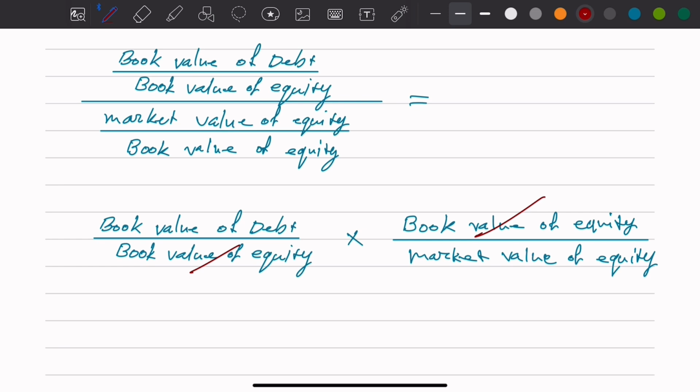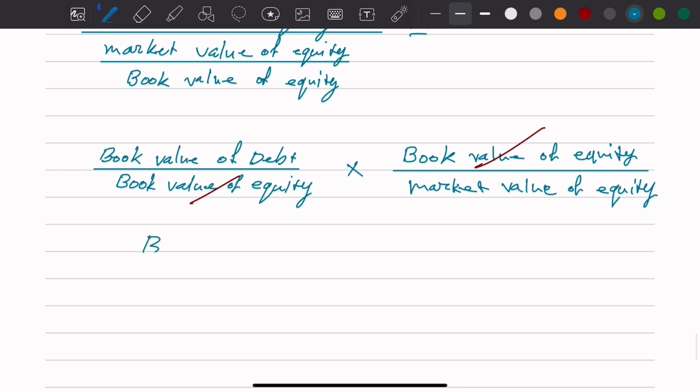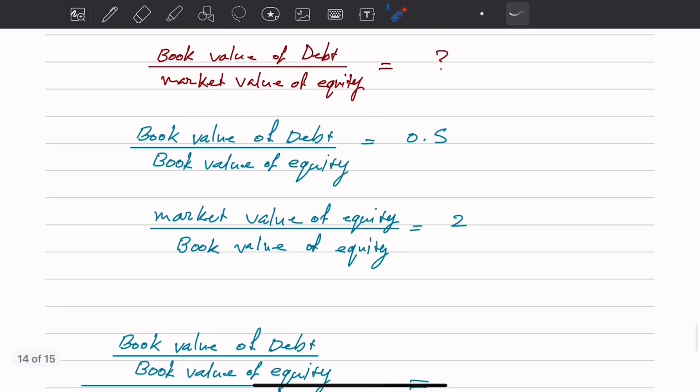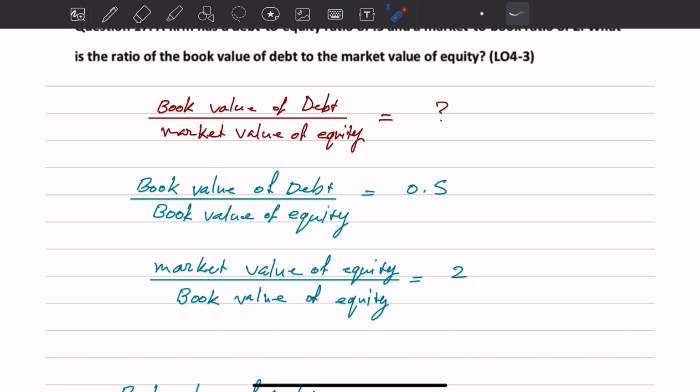We eliminate those two, and what we will be left with is book value of debt divided by market value of equity, which is what we want to calculate. This is what the question wants us to find out.